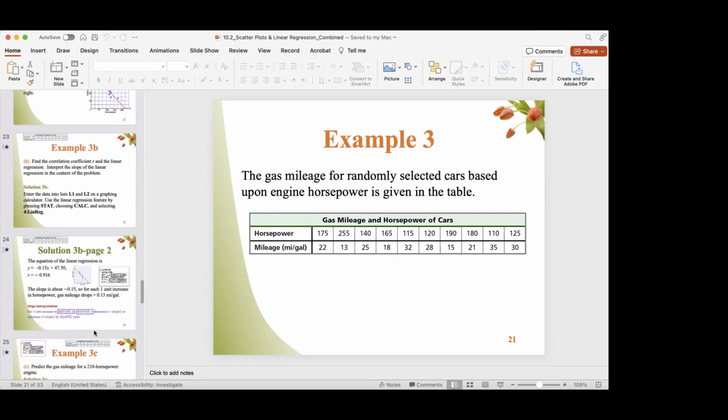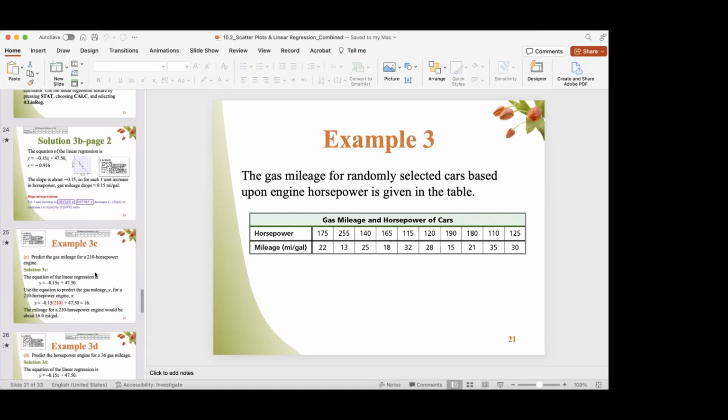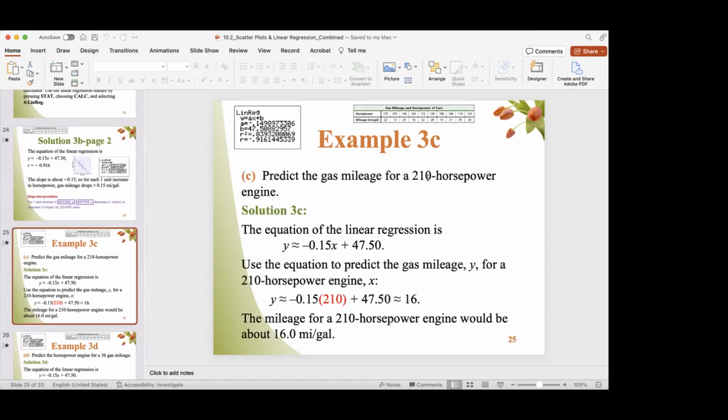So here on part C, I said horsepower of 210. So I have given you the X. So X is 210, and you have to give me gas mileage, which is your Y. Clear? Okay, yeah, that makes sense.